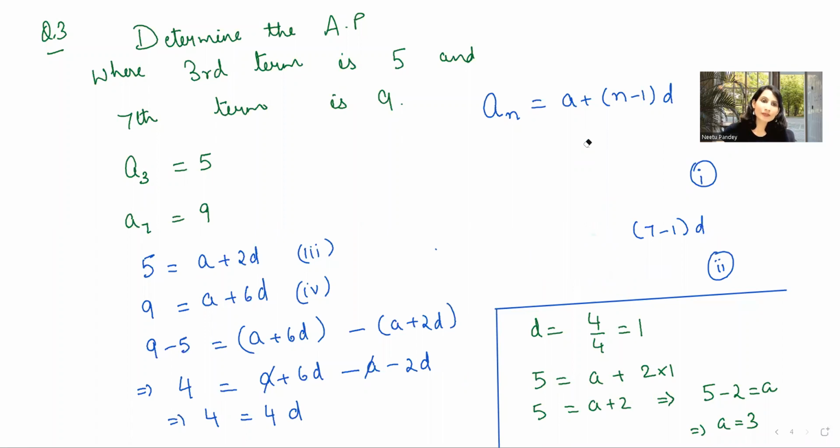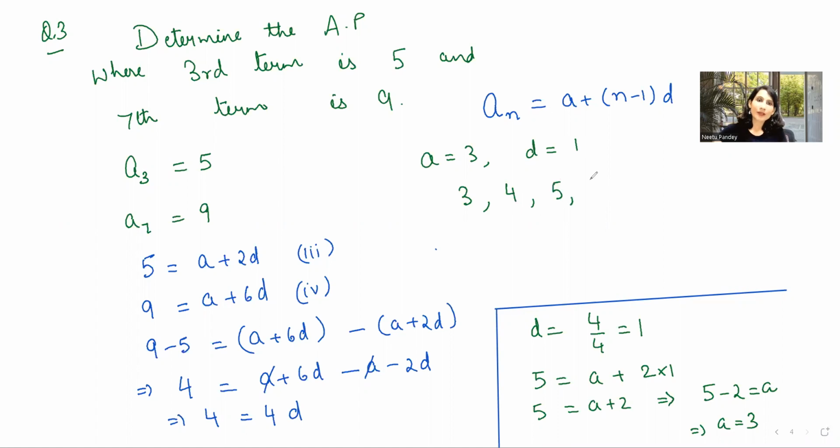So we can easily form the series now. Let us see how we find the series. So here first term is 3 and the common difference is 1. So first term will be as it is 3. Common difference is 1, no? So you keep on adding now. 3 plus 1, 4. 4 plus 1, 5. 5 plus 1, 6. 6 plus 1, 7.